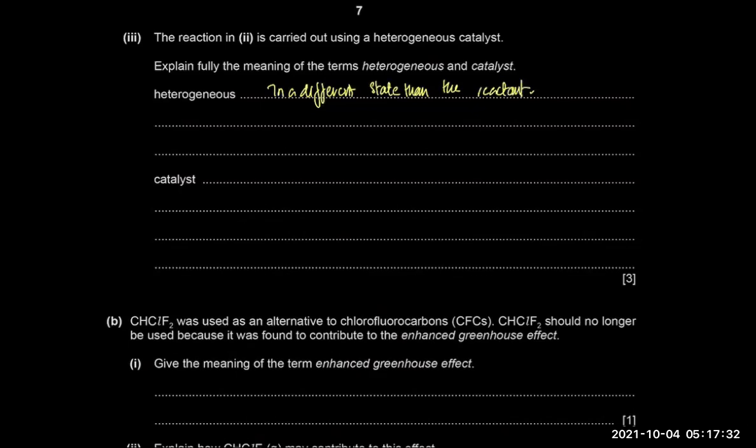And what do we mean by catalyst? Yes, my thing. Catalyst का मतलब क्या होता है? So the substance that increases the rate or speeds up a chemical reaction by reducing the activation energy, yes.